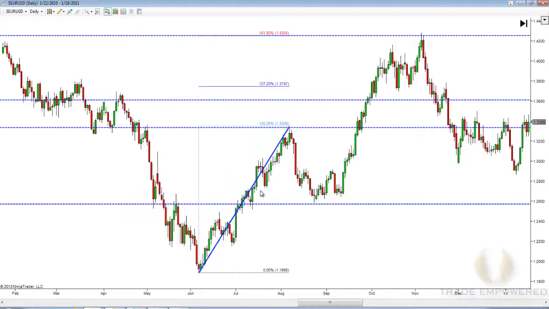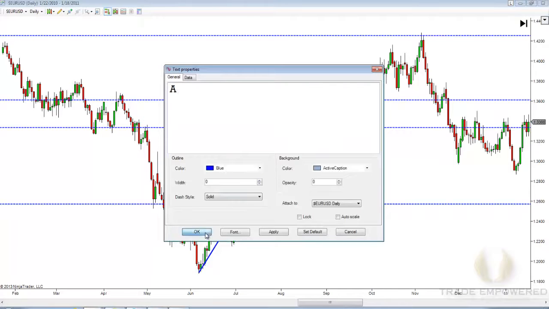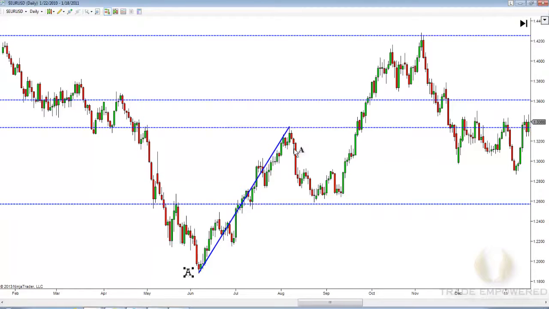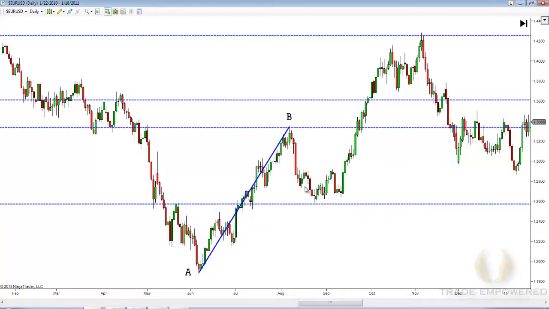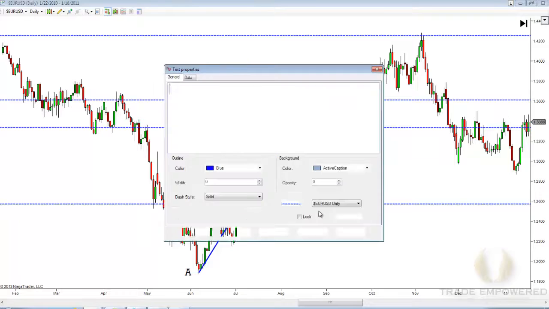So let's take a look at a chart. We have our initial leg right here. We have our A leg. Swing low to swing high. This is going to be our B. We then get our outside return. This is going to be our B to C move.